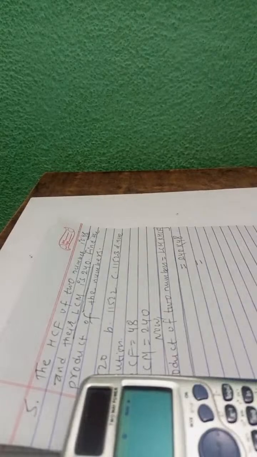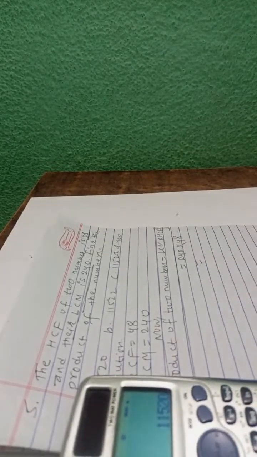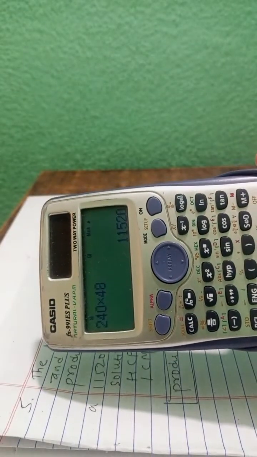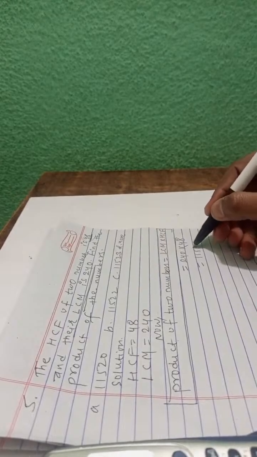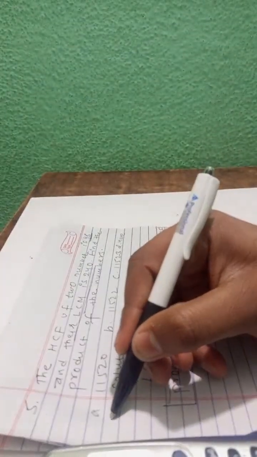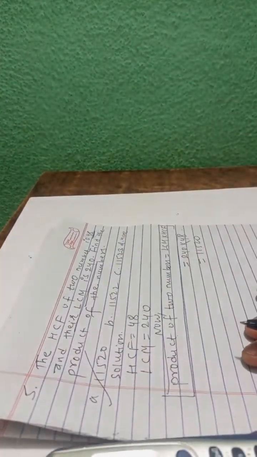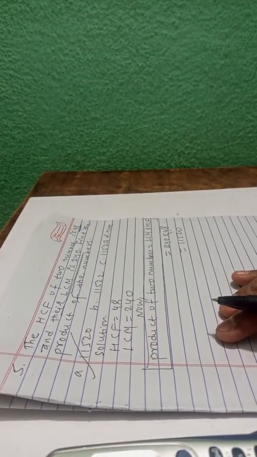If you multiply this, 240 into 48, you will get 11520, which is the correct answer. So option A is the correct answer.